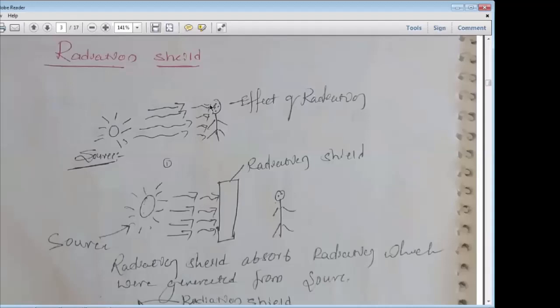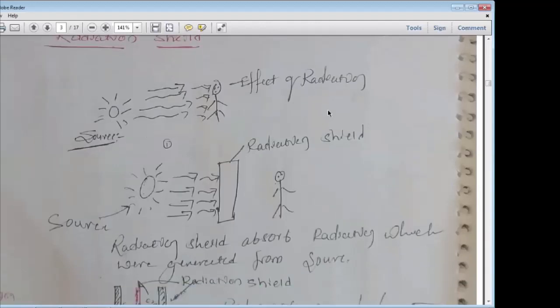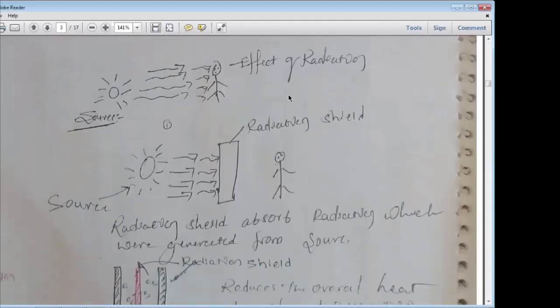In order to avoid that, they use the radiation shield, which avoids harmful, high-energy radiation falling on other surfaces. Hence the rate of heat transfer to the object is reduced.